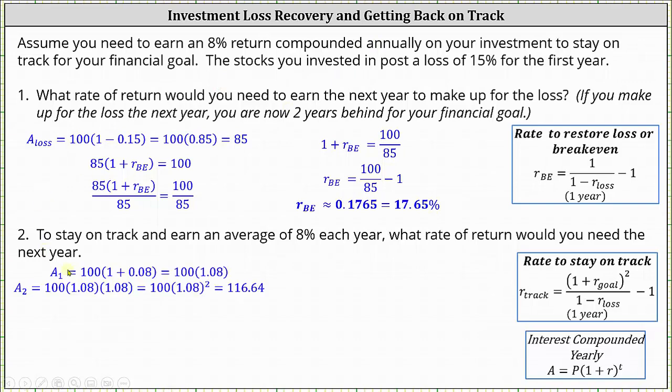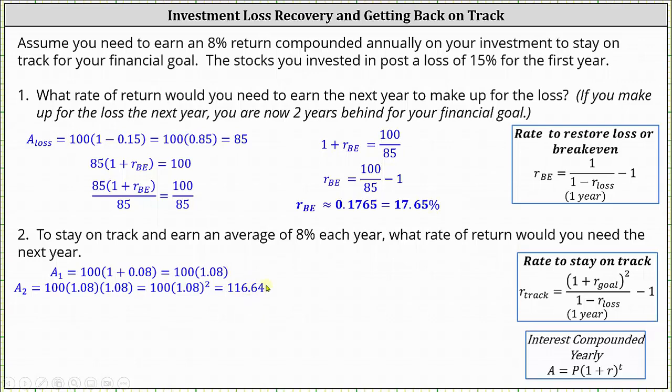Well, after the first year, A sub 1, the account balance should be 100 times 1.08, which means after the second year, because you're earning 8% on the amount after 1 year, the amount after 2 years should be 100 times 1.08 times 1.08, or 100 times the square of 1.08, which again is simply the compound interest formula where the interest is compounded annually for 2 years, which results in $116.64.